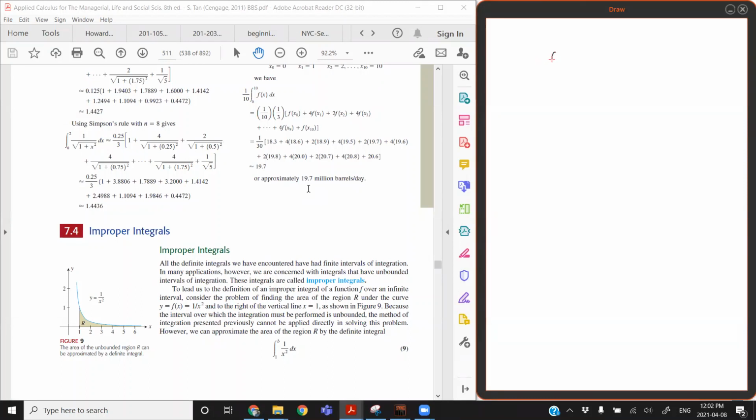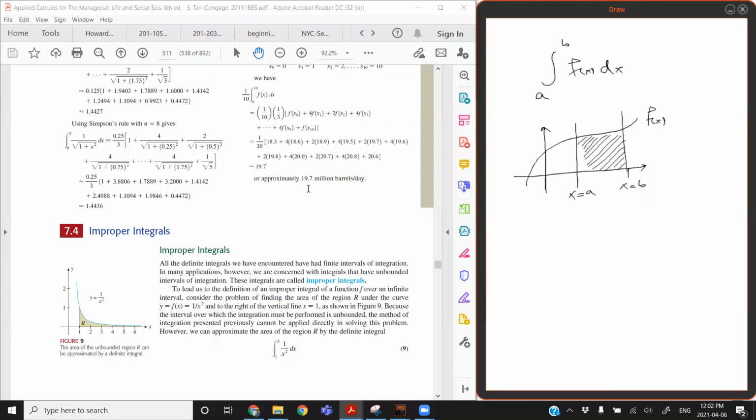A definite integral is an integral like this, f of x dx from a to b, and geometrically, especially if you're dealing with a positive function f of x, that's going to be this area here, the area under the curve f of x above the x-axis and between the two vertical lines x equals a and x equals b. And since a and b are finite numbers, this is called a proper integral.